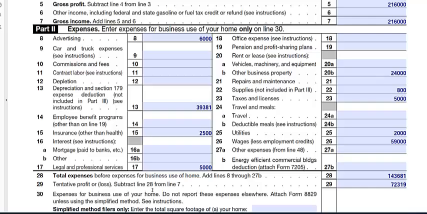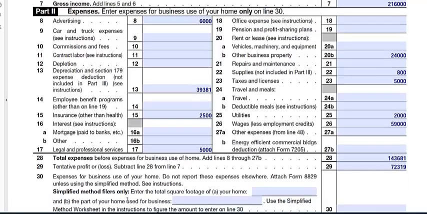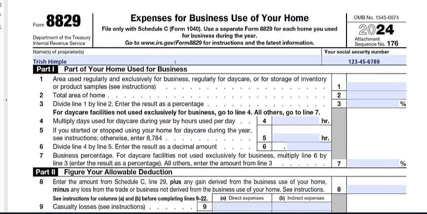Next is line 30, which reports the expenses for the business use of your home, which means we need to attach Form 8829, so we need to begin completing that so we can calculate our home office deduction. The first question is the area used regularly and exclusively for business.